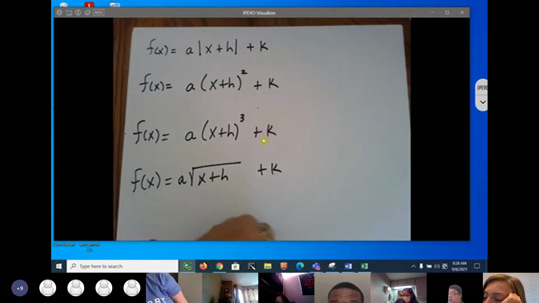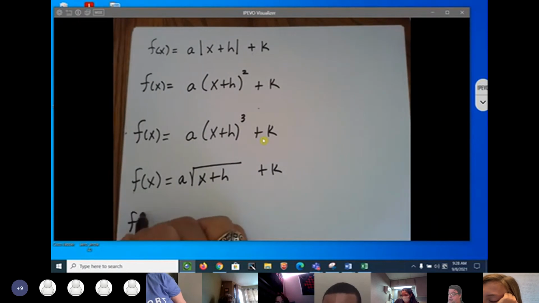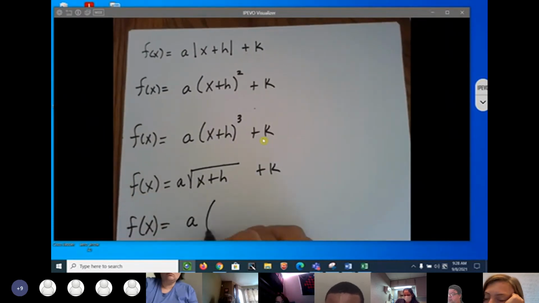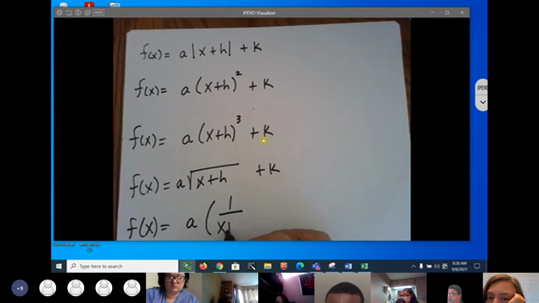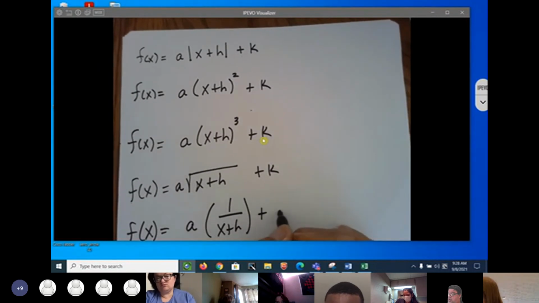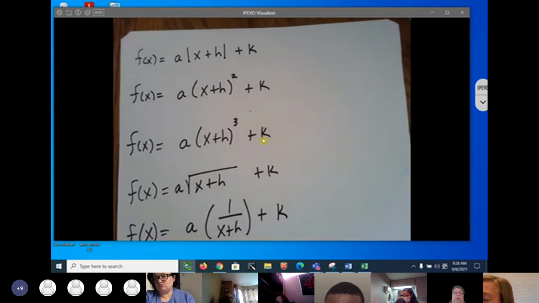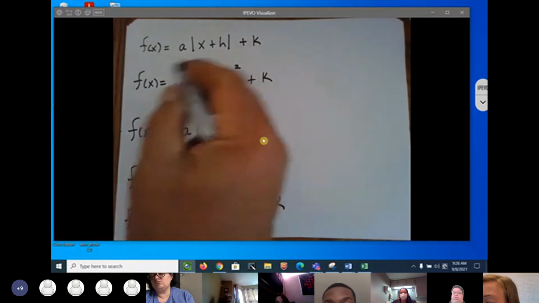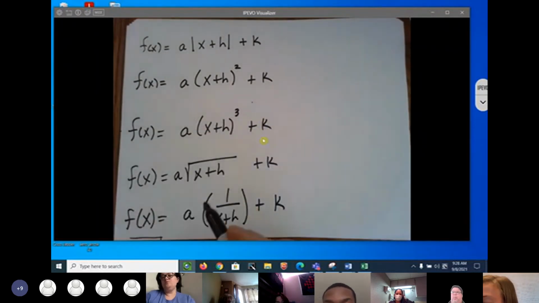All right, one more. f of x is equal to a times 1 over x plus h, plus k. All right, and in unit 1, you're going to see a lot of these. And we're going to write down what each one of these letters mean.